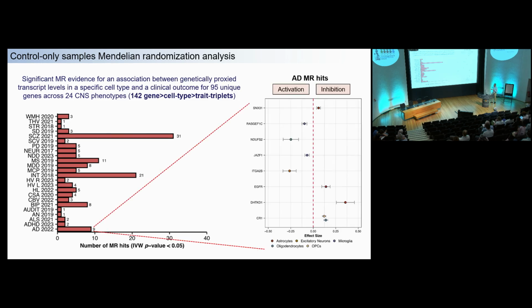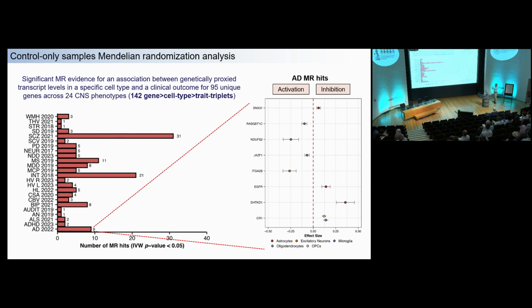And so this can be perhaps better illustrated here by reference to Alzheimer's disease, again, where we have the 8 genes which had a significant association between the change in the level of their gene and risk of Alzheimer's disease. And I plotted them here according to their effect size, but also the directionality of the MR beta coefficient.